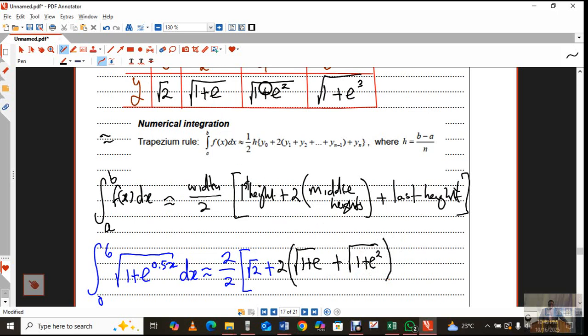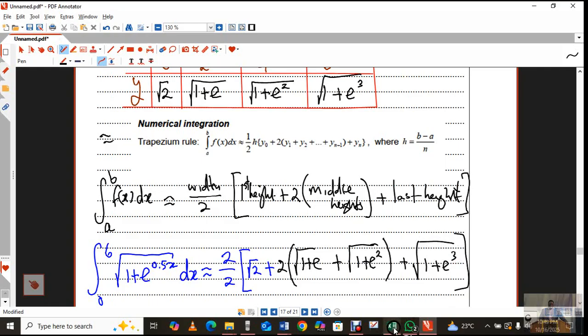Those ones are the middle ones. Can you see that? Then plus the last one. What is the last one? The last one is the square root of 1 plus e cubed. All of that.